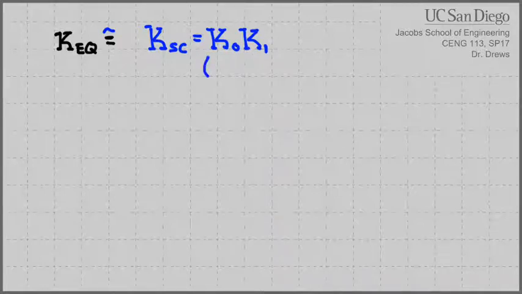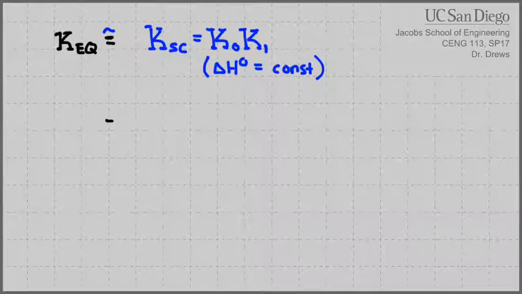And remember, this assumes that delta H is constant. The other version, if we wanted to be more precise, is to not make that assumption. Actually, there is no squiggle. And now it is just equal to K0, K1, K2.